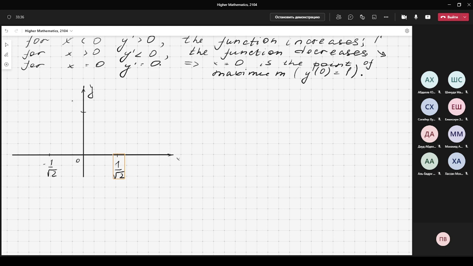Here 1, and we have these points of inflection.